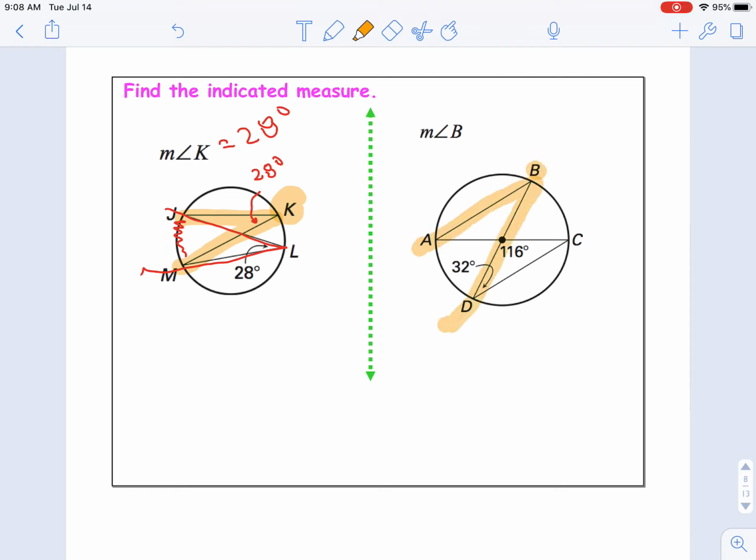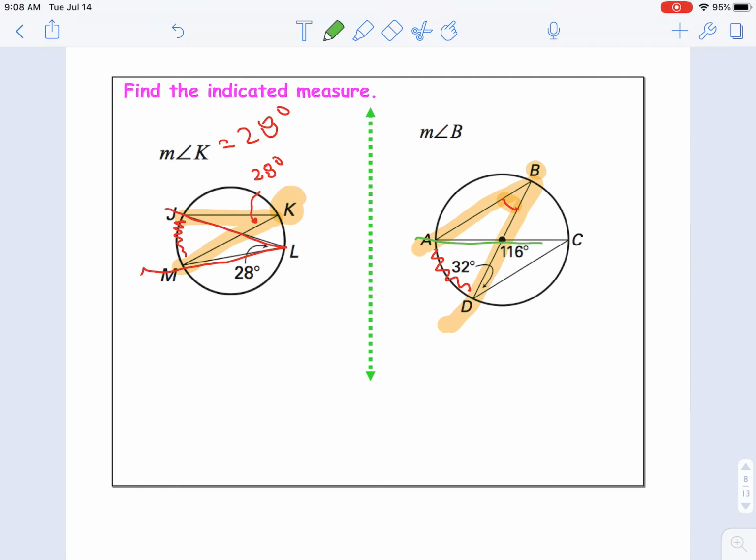Now let's find the measure of angle B right here. So again, there is what you're trying to find. So we know that this angle right in here is intercepting this arc.